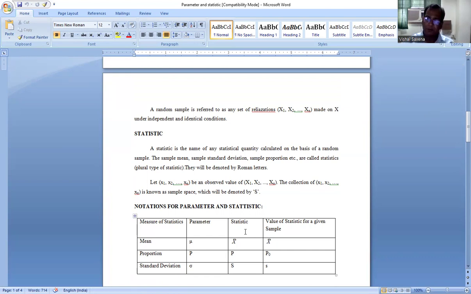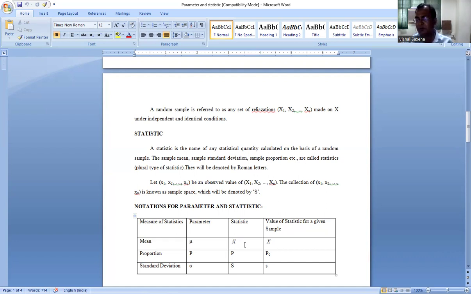If we discuss statistics, these are the statistical characteristics defined for the sample. So the mean is given by x bar. Suppose X is the random variable, and X takes the values x1, x2, x3, xn in the sample, then x bar shows the mean value.